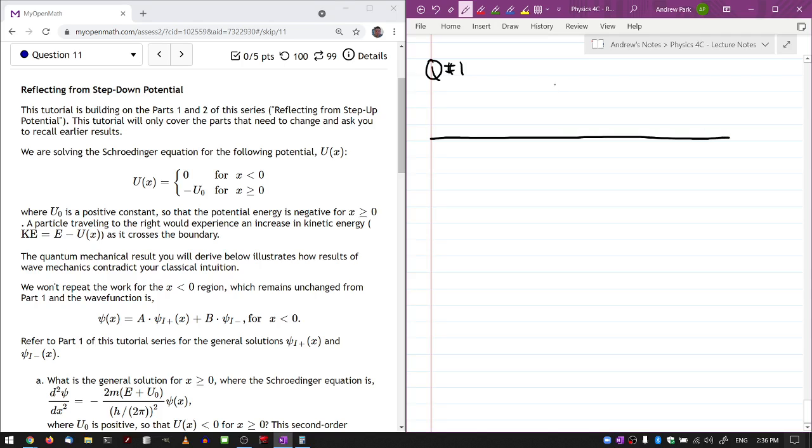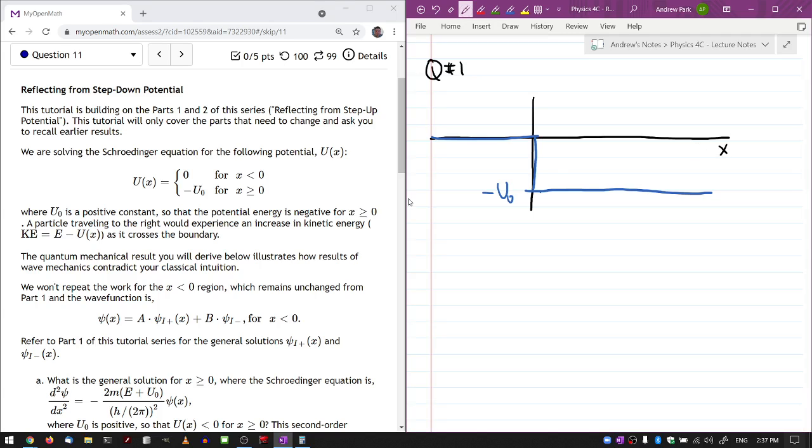In this question, at x equals 0, my potential drops to the value of minus U naught, and then it continues to be constant at that value, where U naught is positive, so the potential energy is negative for values of x greater than 0.